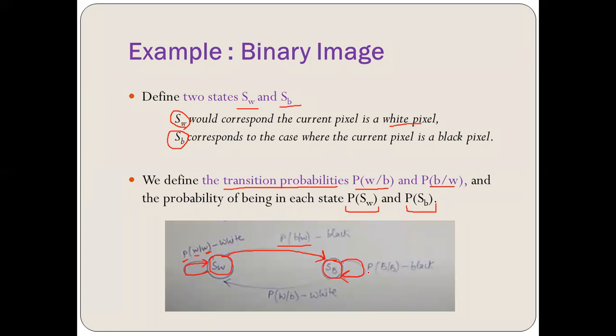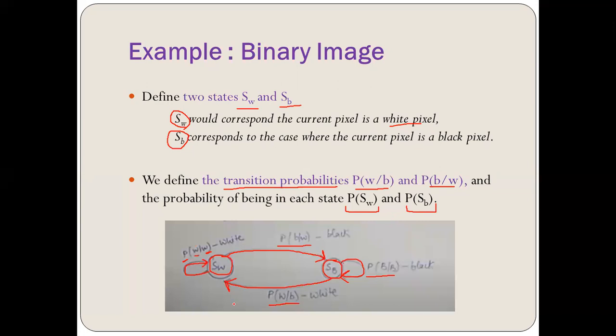How do we define it? We define it as the probability of a black pixel coming after the black pixel. So this is the probability of a black pixel coming again, even after a black pixel. The other arrow is the probability of transition from a black pixel to a white pixel. This is the probability of getting a white pixel after the black pixel.